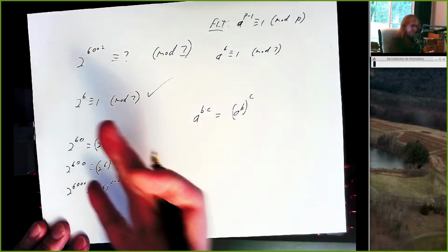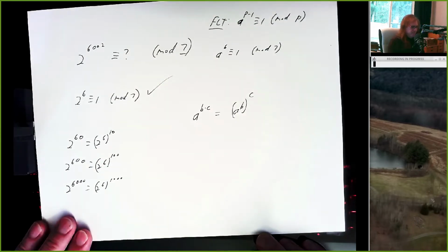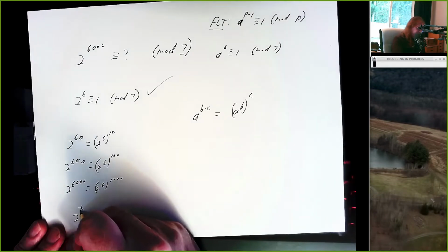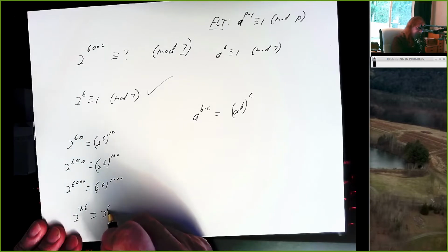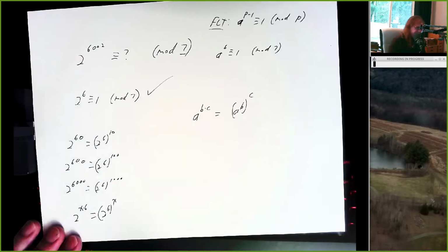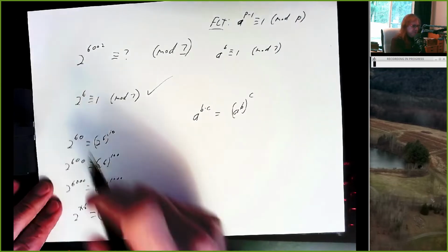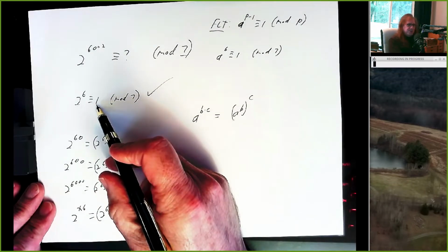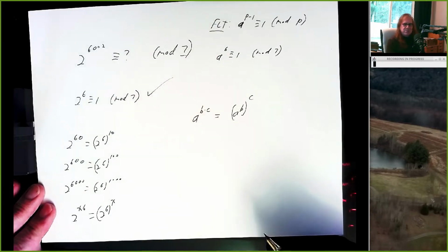This is just plain numbers. And so 2 raised to any multiple of 6 is going to be 2 to the 6th raised to the x. So once we know 2 to the 6th is congruent to 1, we know something about 2 raised to any multiple of 6.